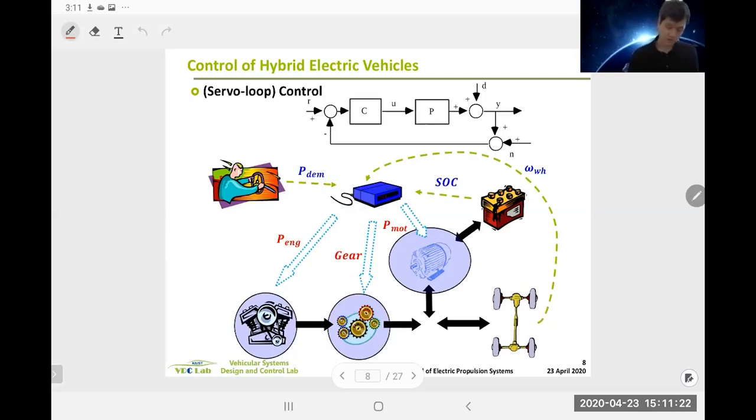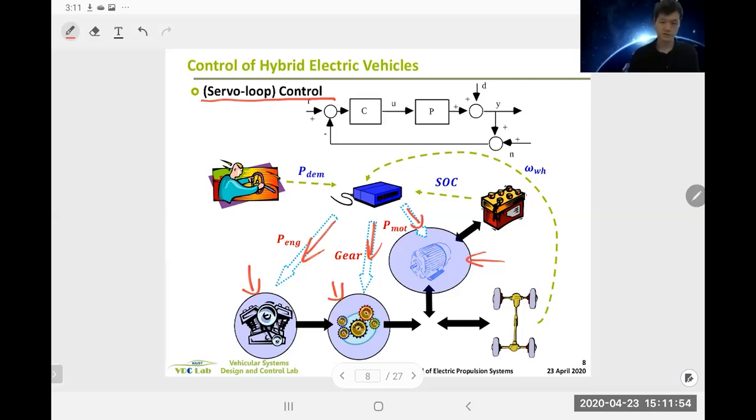And the servo loop, or low-level controller, is with this component. Their job is to make sure it does what was commanded. This is the command. And usually feedback control is good at this.